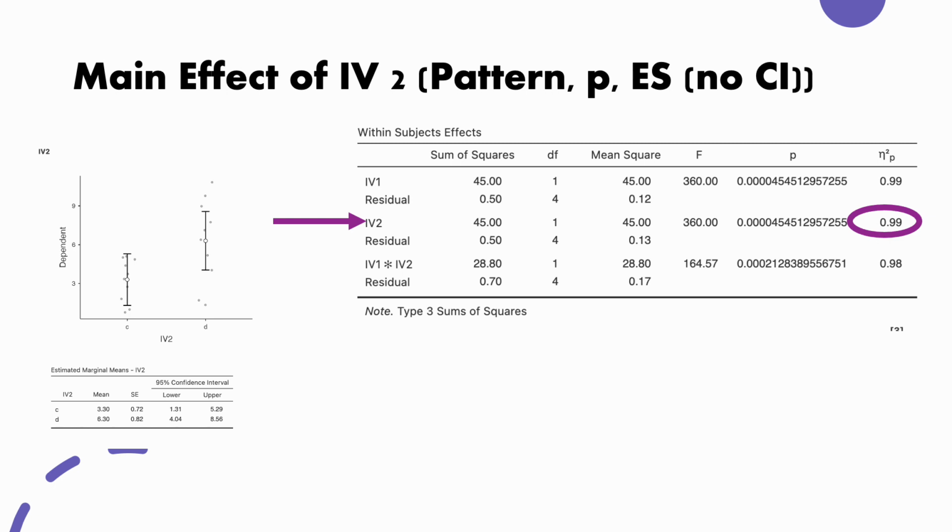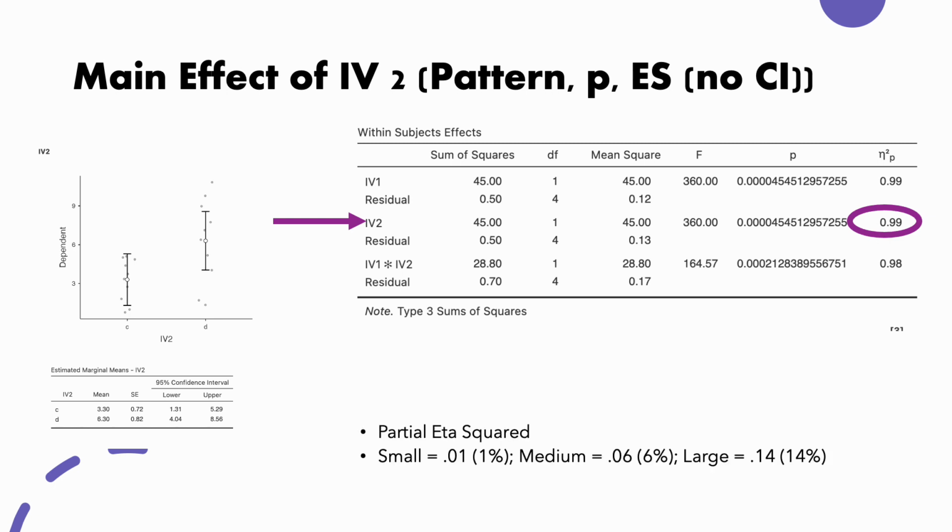The eta squared is 0.99, which suggests that IV2 causes 99% of its unique share of the dependent variable. There is no confidence interval, so our interpretations are limited to the sample effect size, and this is large.